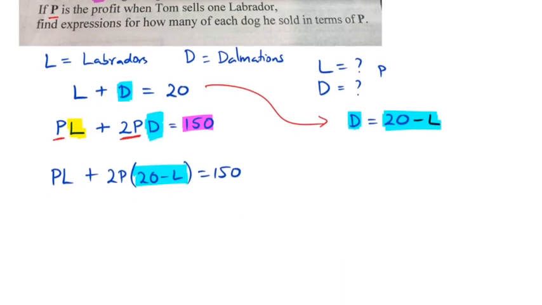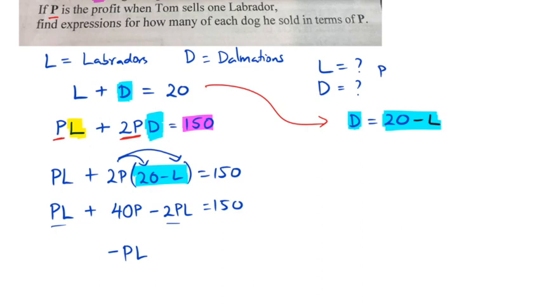Expanding the brackets, I get PL plus 2P times 20, which is 40P, and then 2P times negative L is negative 2PL. And this is all equal to 150. Now I can rearrange so L is by itself. PL minus 2PL equals negative PL, plus 40P equals 150, so negative PL equals 150 take away 40P.